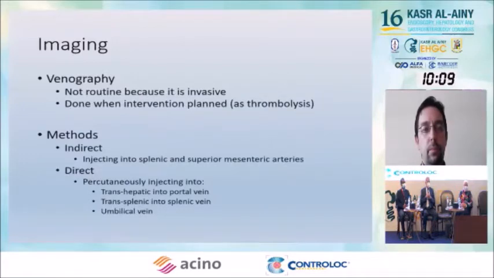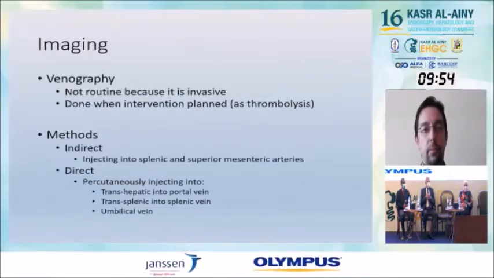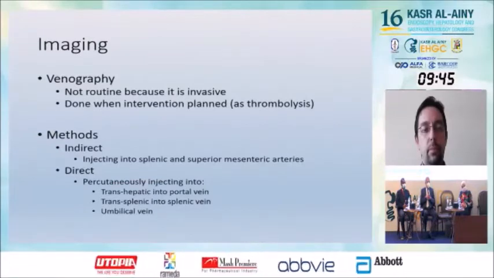It's not routine because it's invasive and only done when an intervention is planned, such as thrombolysis. The methods can be indirect by injecting into the splenic and the superior mesenteric arteries, or direct by percutaneously injecting into the transhepatic intraportal vein or transsplenic into the splenic vein, or if there is an enlarged preserved umbilical vein.